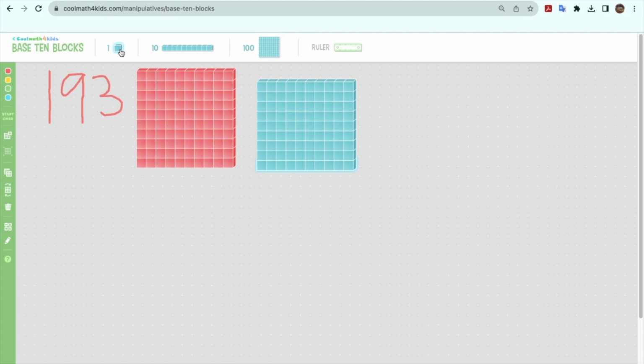And then you have 3 ones, which are equivalent to 3 unit blocks.